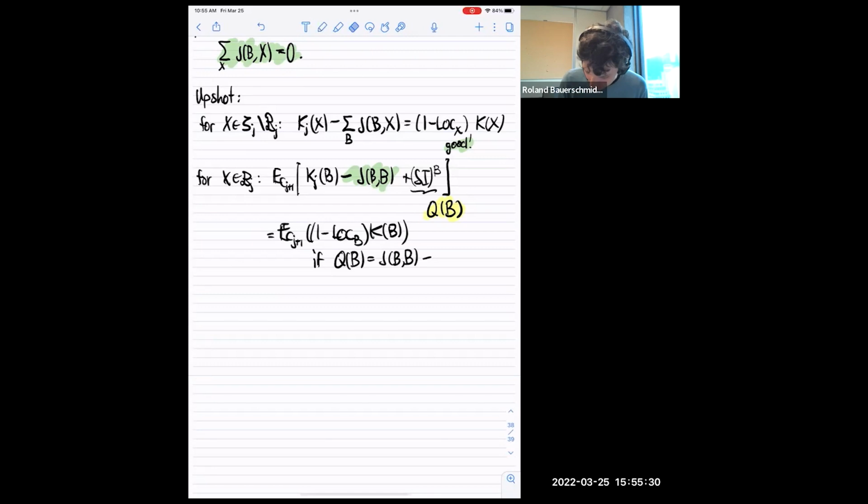Maybe there was a minus here. Well, then it would be minus JBB. So the signs are likely wrong here, but it doesn't matter. The point is that we can pick it in this way, cancel the JBB term, and so the whole thing again reduces to a 1 minus log.